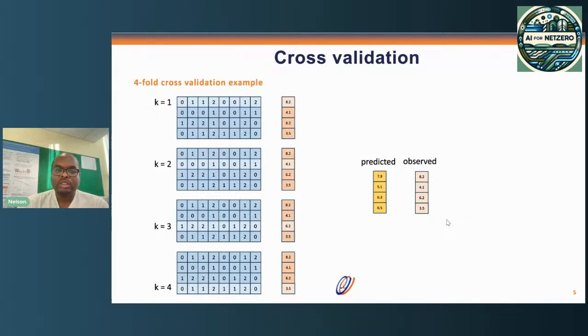Based on what you predict and what was actually there, you get a correlation between them, and then you record it. Towards the end, you take the mean correlation of all the predictions in all the 4 sets. Next, please.